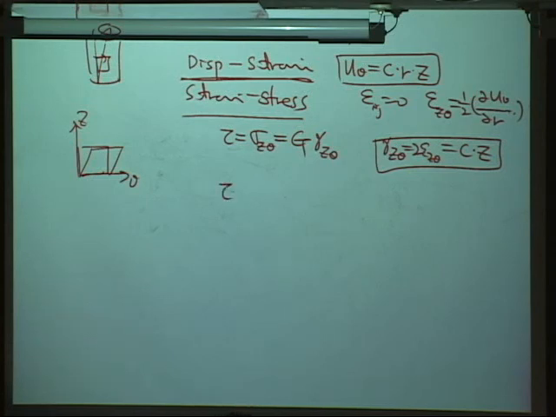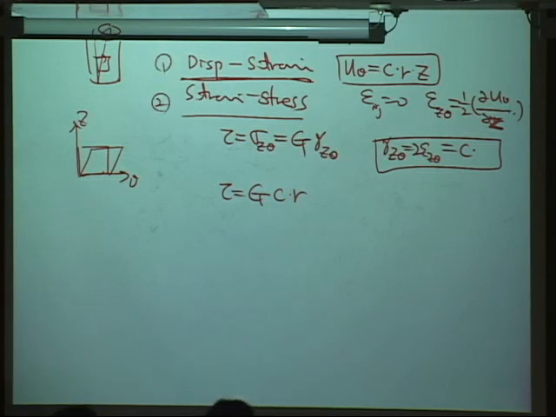And simply tau is G times C times Z. That's the shear stress. Am I right? Okay.